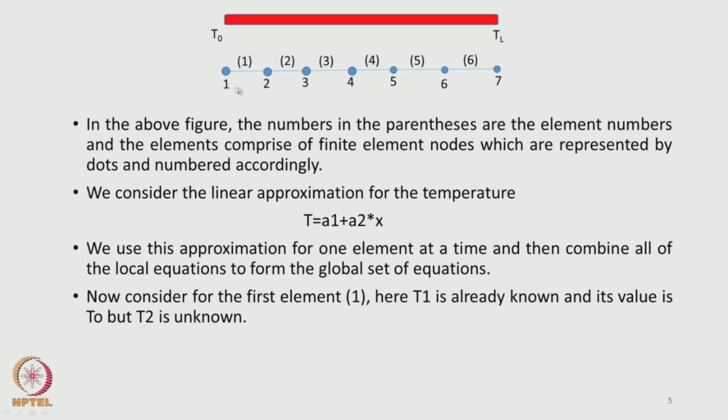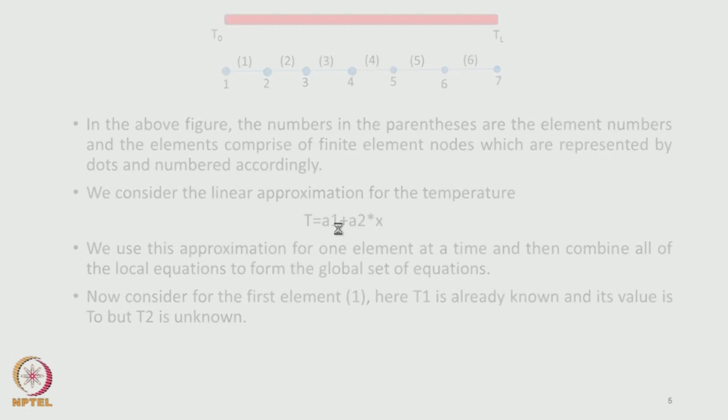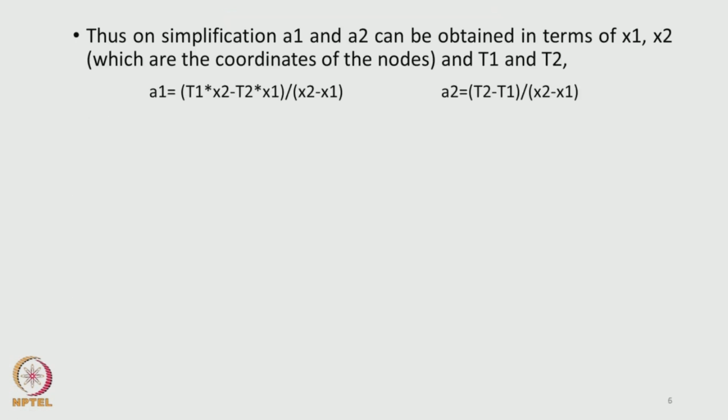From this condition, you can substitute in this linear approximation and evaluate the coefficients A1 and A2. Let us see how to do it. We will get A1 as T1 into x2 minus T2 into x1 by x2 minus x1, and A2 as T2 minus T1 by x2 minus x1.